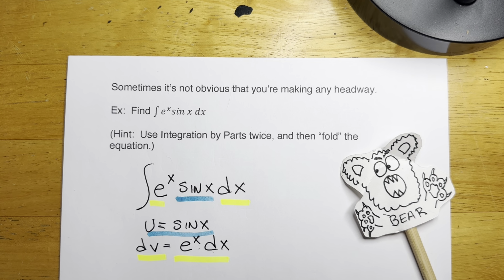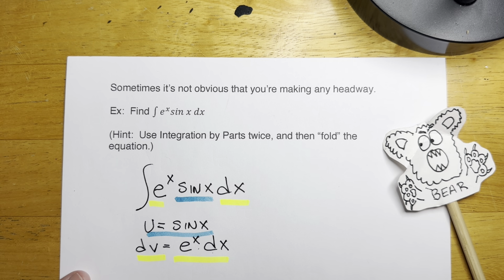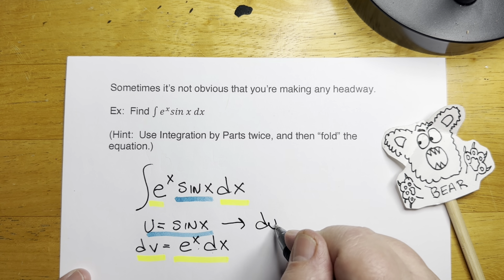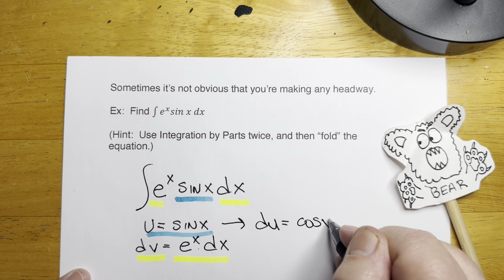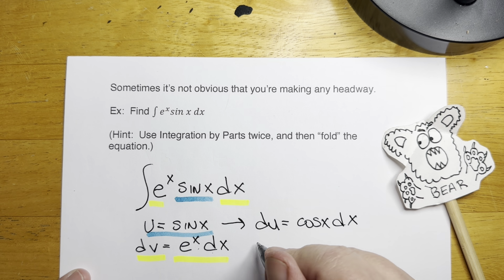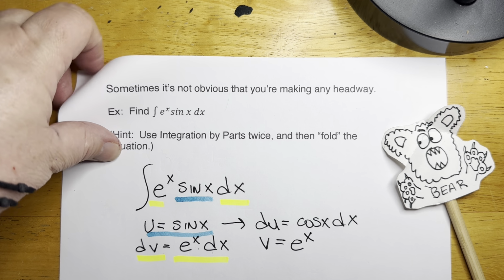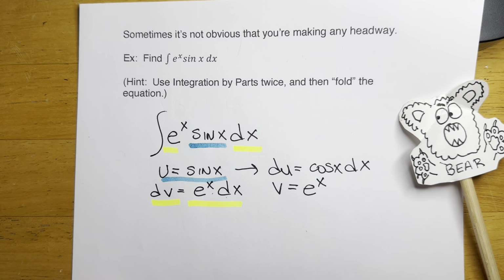Now if that's my u, then my du is cosine of x dx, and my v is e to the x, right? Antiderivative, derivative, e to the x, it's always going to be e to the x. Okay, so let's go ahead and set this up.